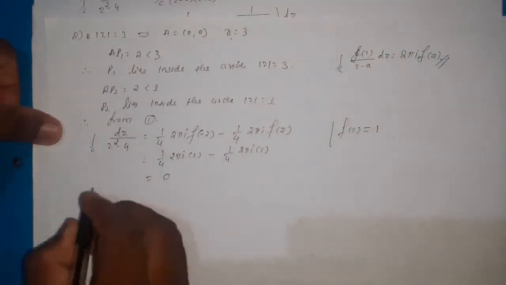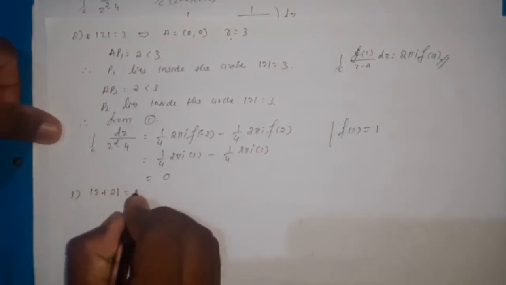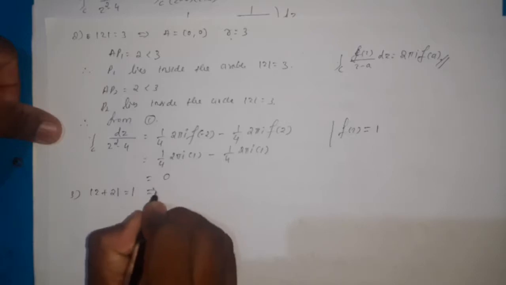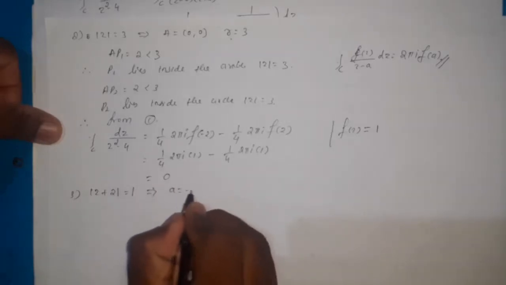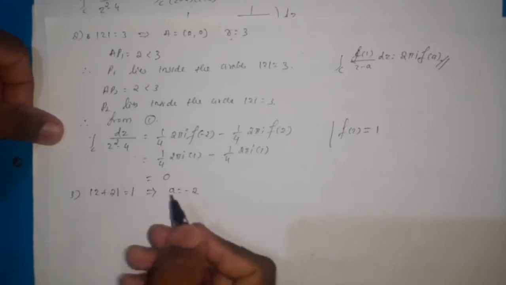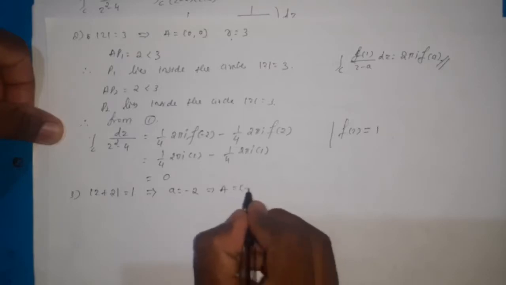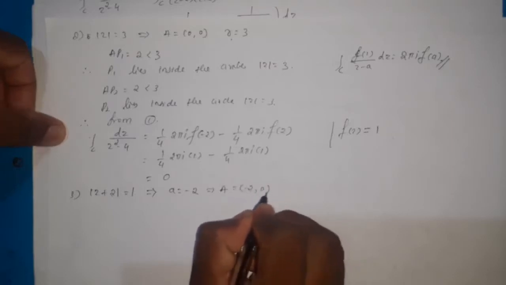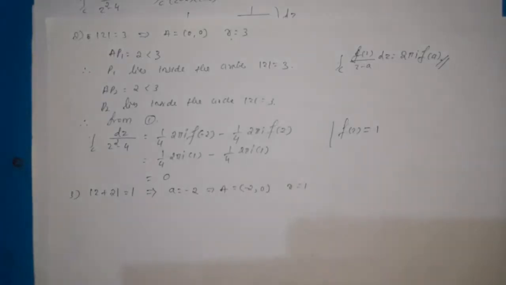And the last circle, that is the third one, mod z plus 2 is equal to 1. So here a is equal to what? Minus 2, because the standard form is z minus a, but here it is z plus 2, which means a is minus 2 and the point a is minus 2 comma 0 and the radius is equal to 1.